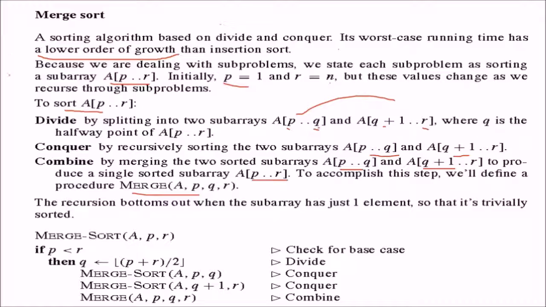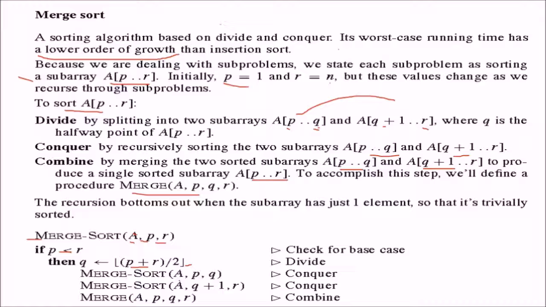So let us take an example of this pseudocode, merge sort. We have the array with p and r, as we suggested that we start with p and r as 1 and n. And if p is less than r, we divide, which means we try to find the midpoint: q equals floor of (p plus r) by 2, and we take the floor just to ensure that we get an integer.